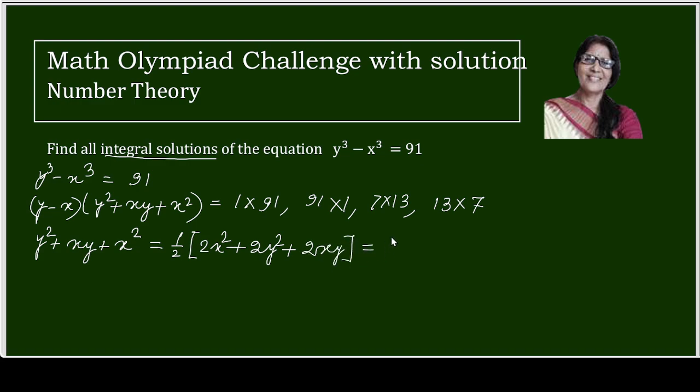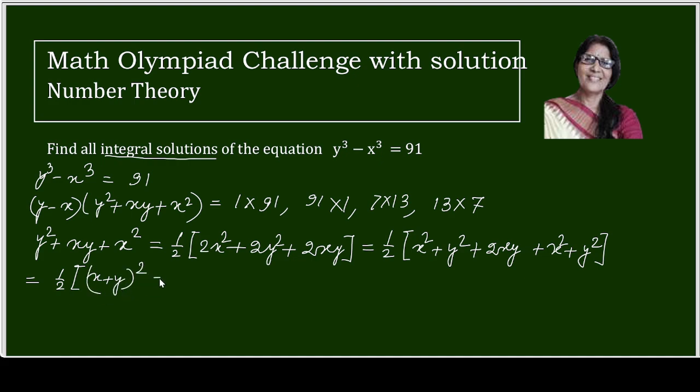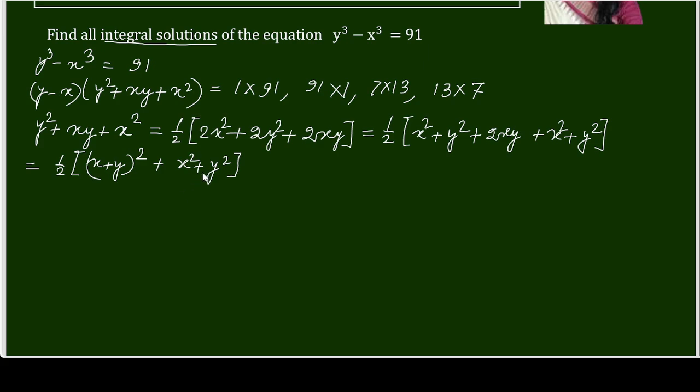Again it can be rearranged to half of ((x plus y) whole squared plus x squared plus y squared). Here (x plus y) whole squared is always positive, x squared is positive, y squared is positive, so this is greater than 0.